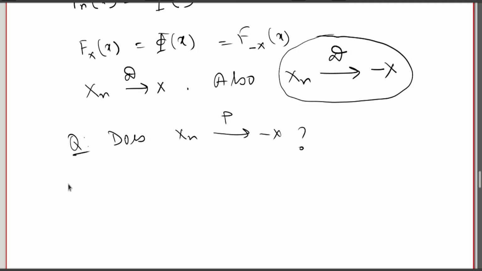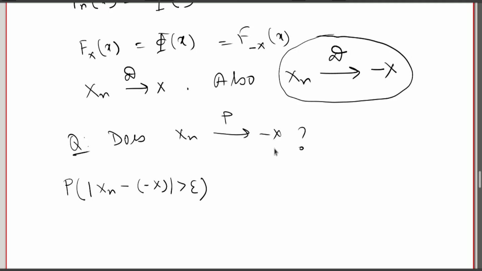So what do we have to check? We have to check whether the limit of the probability that mod of Xn minus (minus X) is greater than epsilon goes to 0 or not, for all epsilon greater than 0. If this limit goes to 0 for all epsilon greater than 0, then Xn converges to minus X in probability.